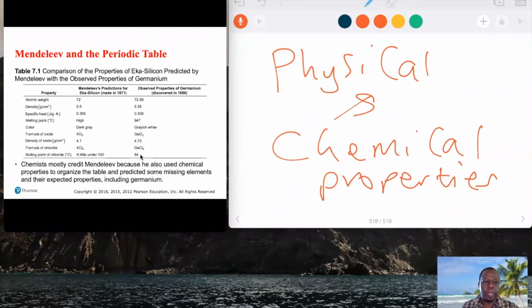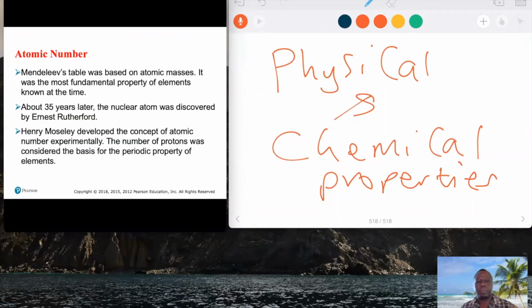Germanium and gallium were the elements he predicted. Now, recall, up to this point, remember Mendeleev organized his table based on atomic masses, not atomic number.